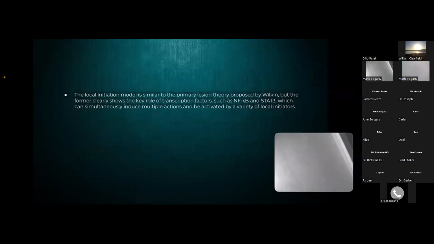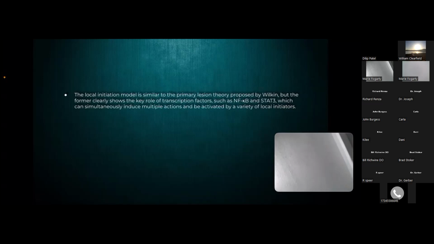The local initiation model is similar to the primary lesion theory proposed by Wilkin, but the former clearly shows the key role of transcription factors, NF-kappa B and STAT3, which can simultaneously induce multiple actions and be activated by a variety of local initiators.